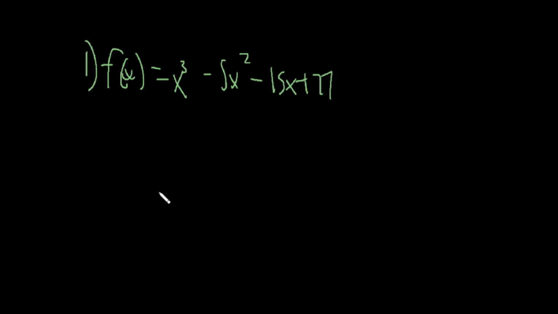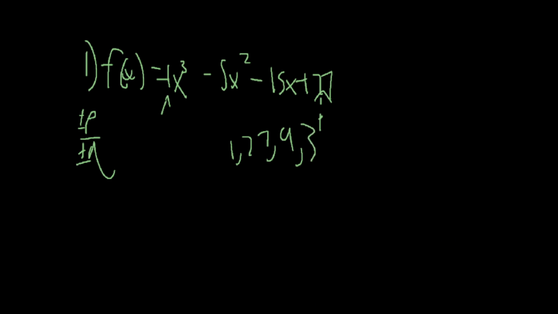How do you find the roots? Well, plus or minus p over plus or minus q. This is q, the factors of which is 1, and the factors of p, 27, are 1, 27, 9, and 3.